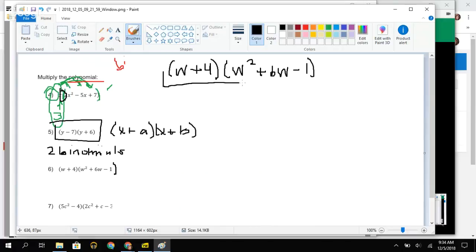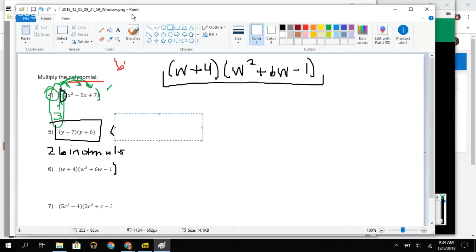Here, we have a binomial multiplied by a quadratic. So we can't actually use FOIL. So instead, we go back to our distributive property. The thing with these is they're not hard, but they're long problems. It's kind of like our substitution problems: not my favorite, but not difficult. It's just not ideally easy.